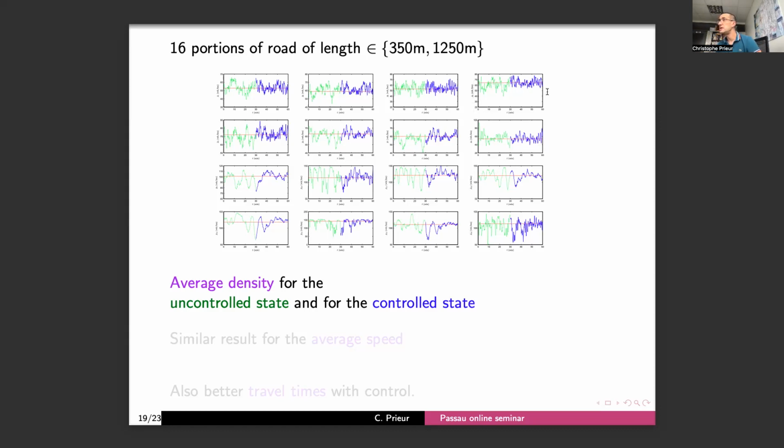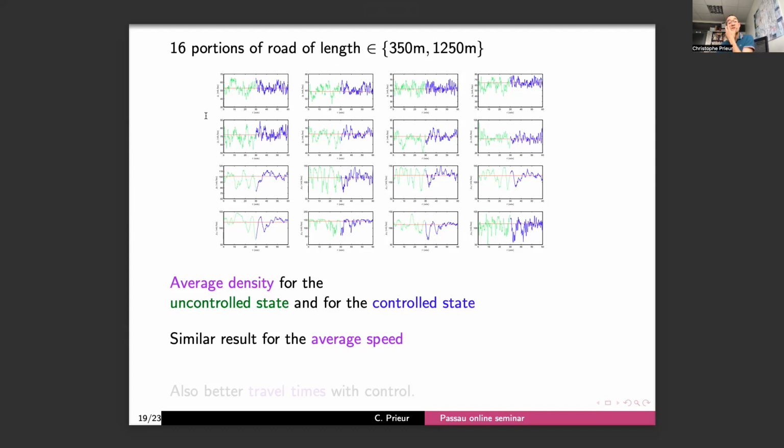I hope that you can see. But you are in the neighborhood of the equilibrium, and you are closer to the equilibrium, in a smaller neighborhood, with the control than without any control. So this is something that appears on the average density, and we have similar results for the average speed on each of the 16 portions of the road.